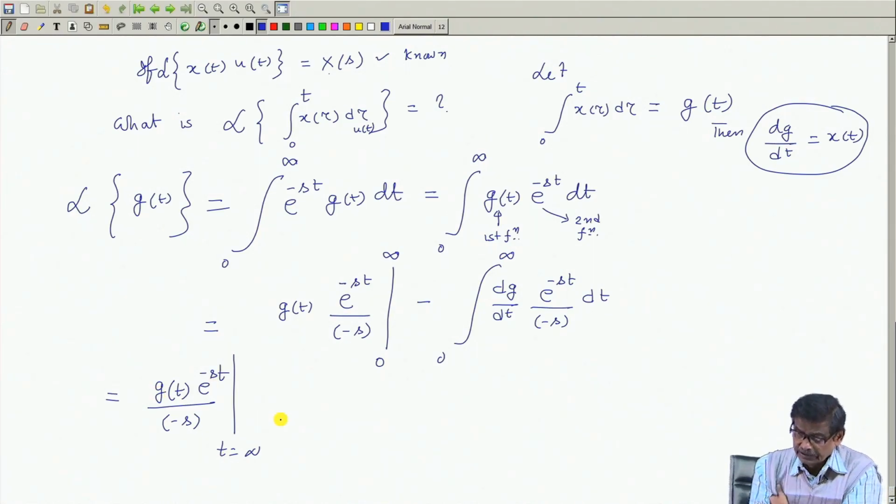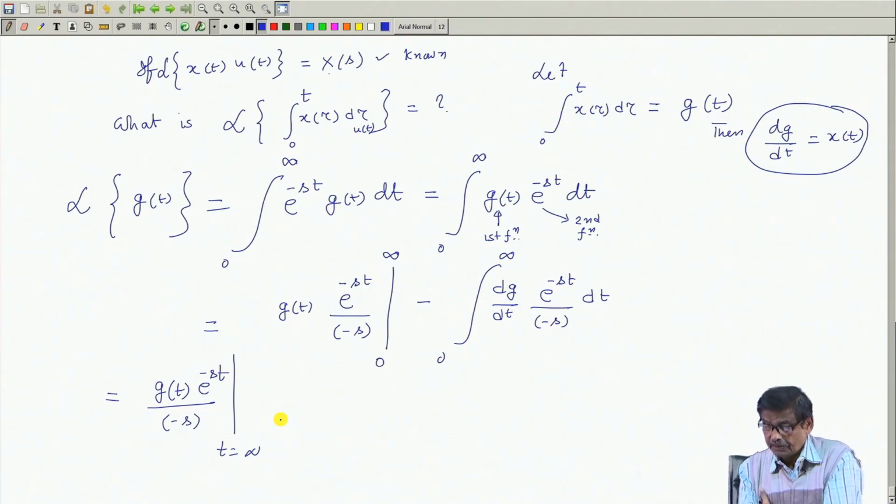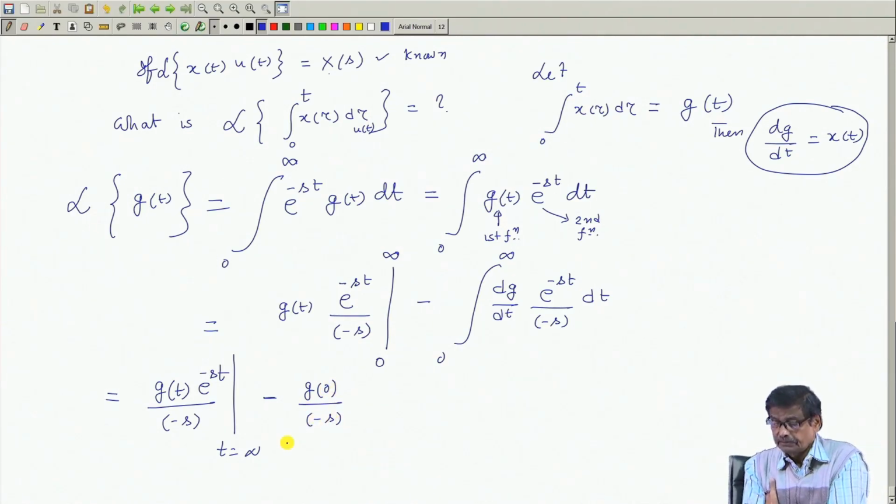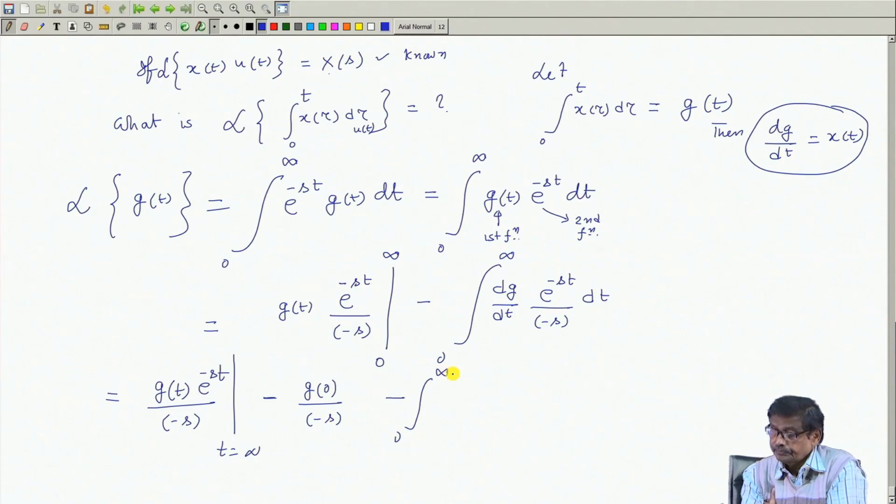So that will be 0. In the same way, minus this evaluated at t equal to 0, that is very easy, 0 divided by minus s. Put t equal to 0 and get this, and minus the integration from 0 to infinity of dg/dt, which is nothing but x(t).